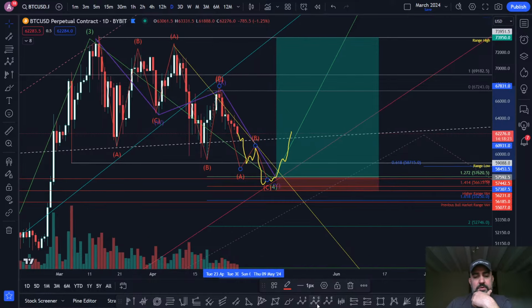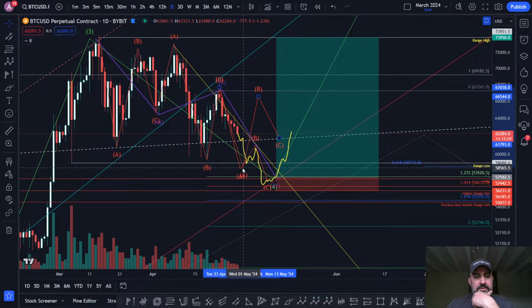Or you'd have to do this. You literally would have to do this. This is what you'd have to do. Inverse head and shoulders, like that.